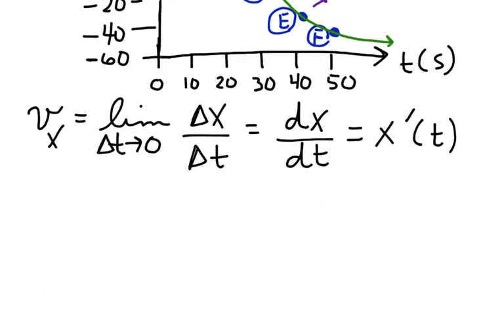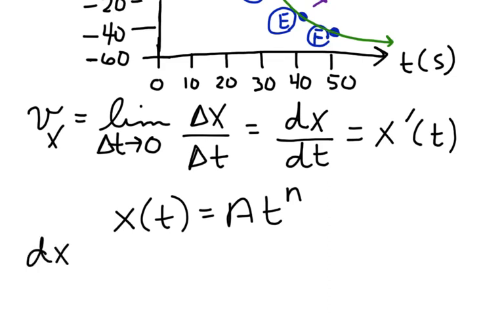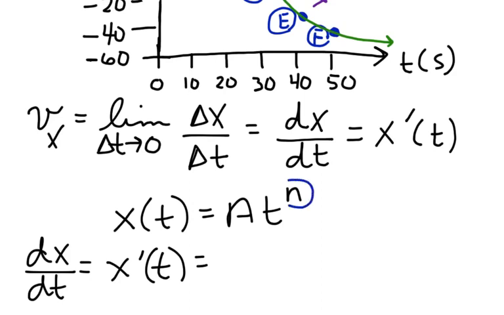So how do you find a derivative? Well, if you have x as a function of t, or position as a function of time, and it's equal to something that looks like this, A t to the n, the derivative, your dx dt, or your x prime of t, is simply going to be taking the exponent here, the n, bringing it over to the front, so I have n multiplied by capital A t.